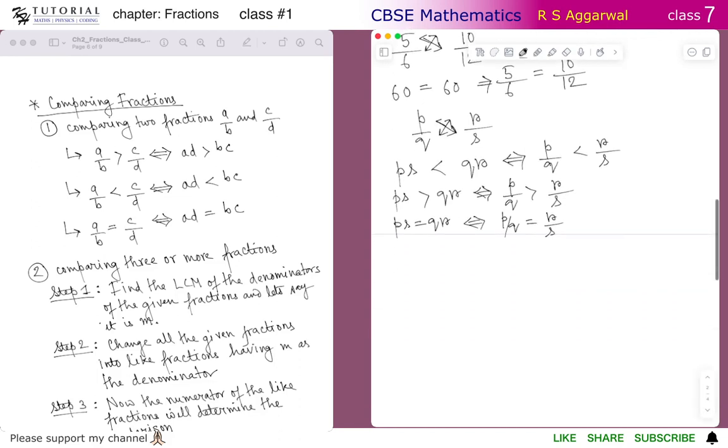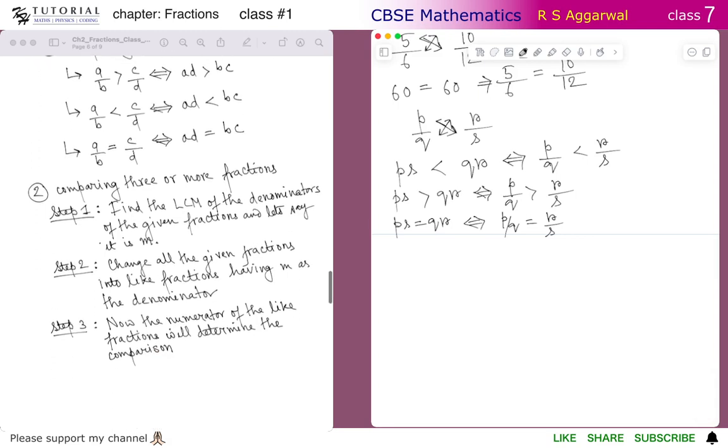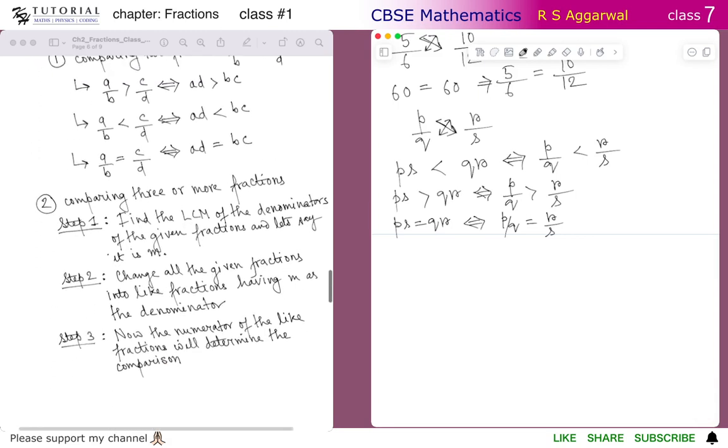Now how do we compare more than two fractions? For comparing three or more fractions, we have three steps involved. In step 1, we find the LCM of the denominators of all the given fractions, and let's say it is m.